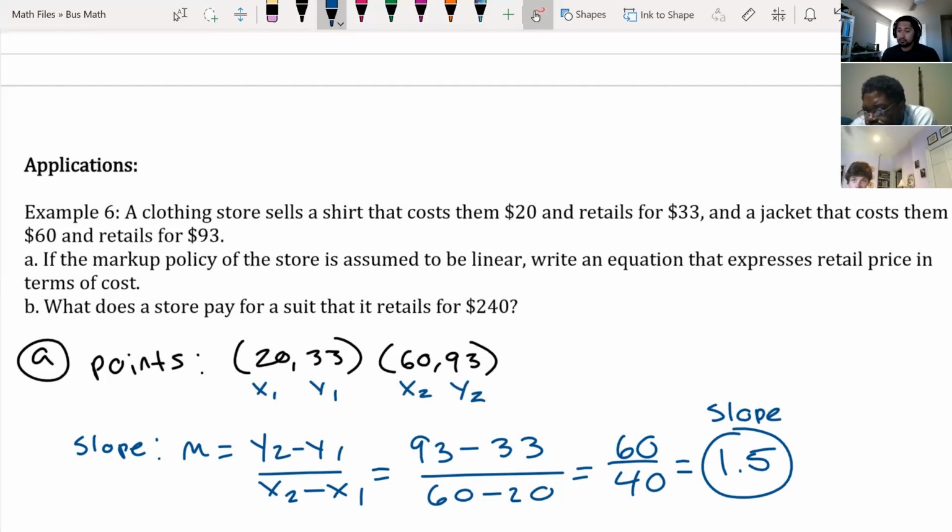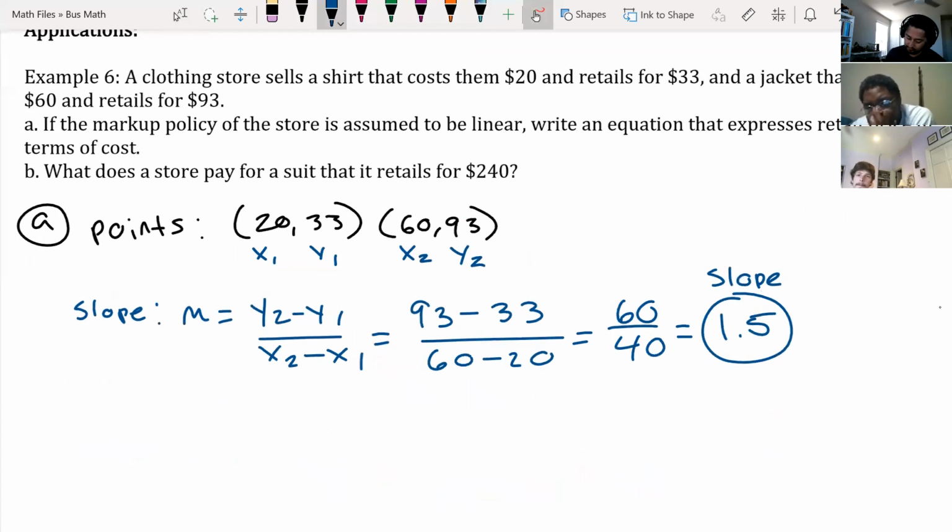Well, now, do we have enough components to find the equation? No. You sure? Remember, if we're going to use the point slope formula, what are the 2 ingredients we need? The slope and a single point.